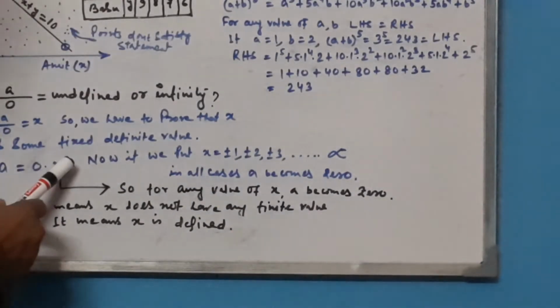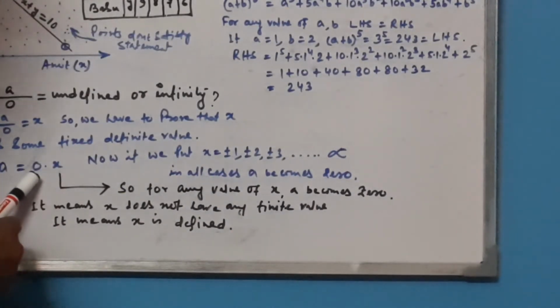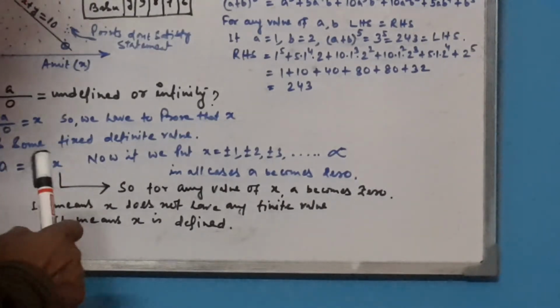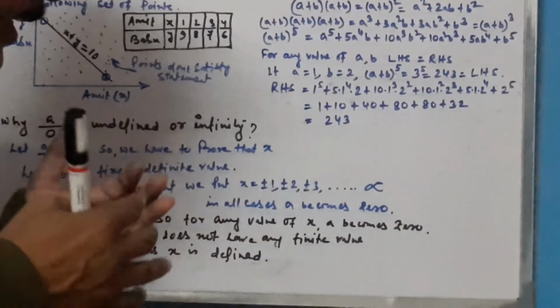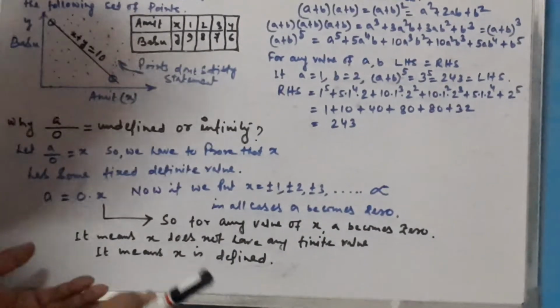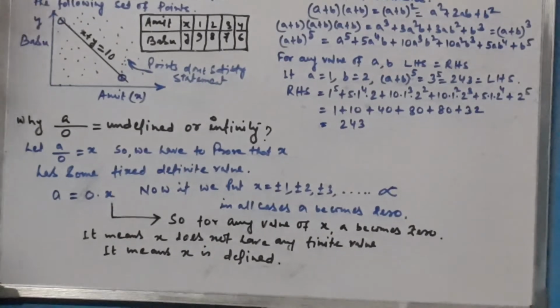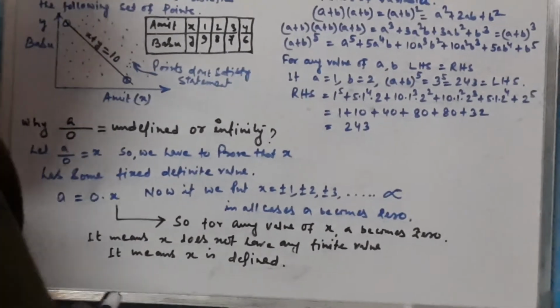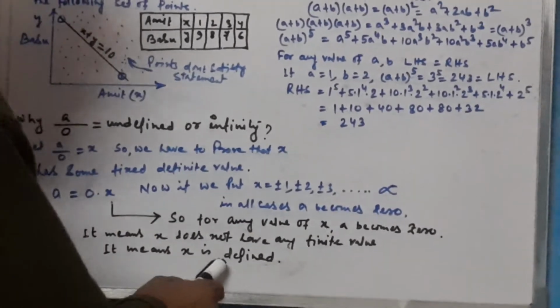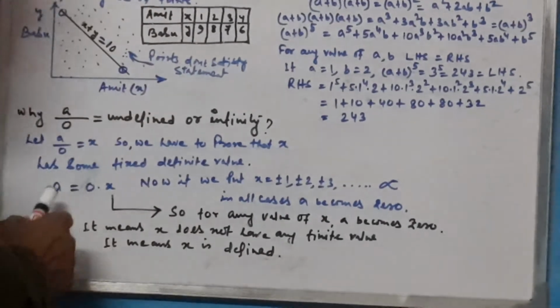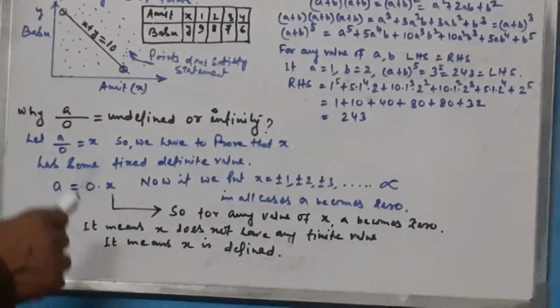If we put x equal to 1, then it becomes 0, x equal to 2, then 0, x equal to 3, then 0. That means x is not getting any fixed value. That means x is not defined. That means undefined. It will have an infinite number of values. That's why it becomes undefined or infinity.